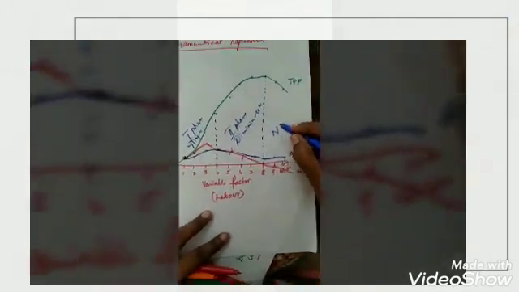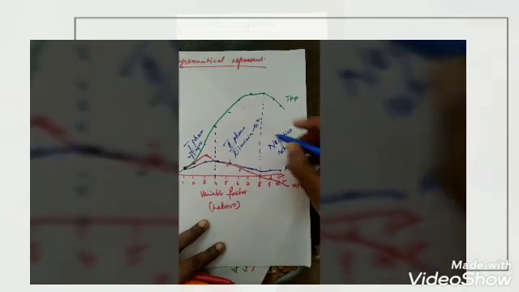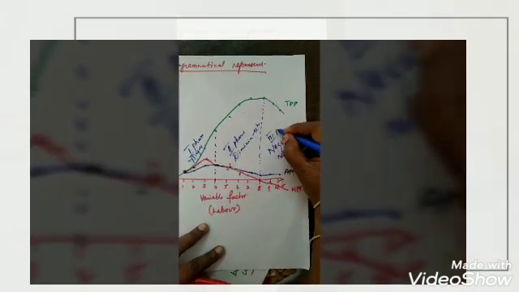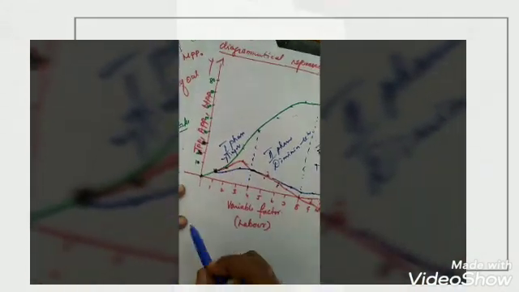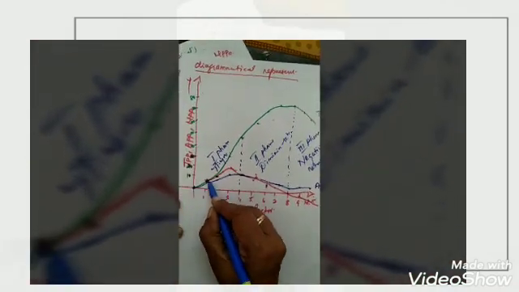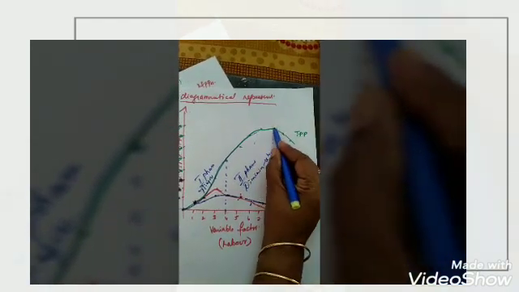The last one is the negative returns, so third phase. See, first phase increasing returns, because in this stage TPP increases at an increasing rate. Then TPP increases at a diminishing rate. And TPP is maximum, then TPP falls.